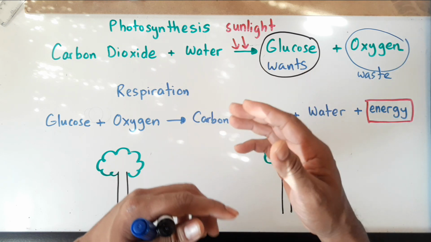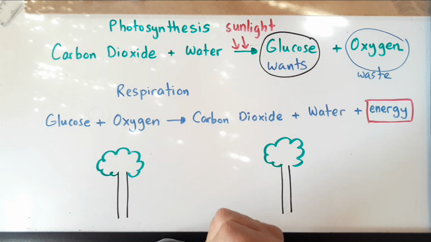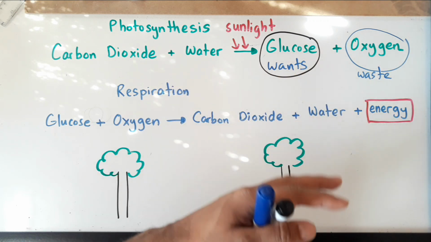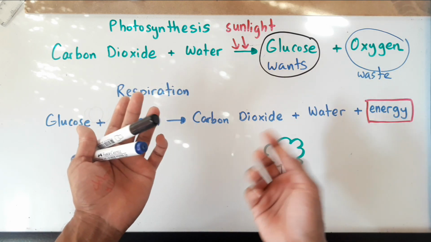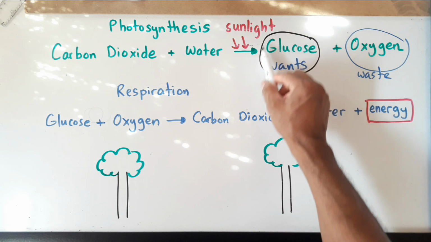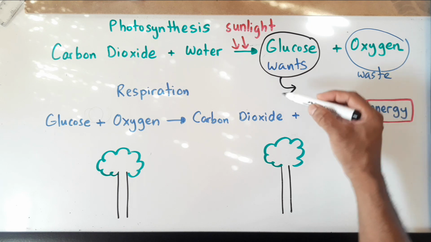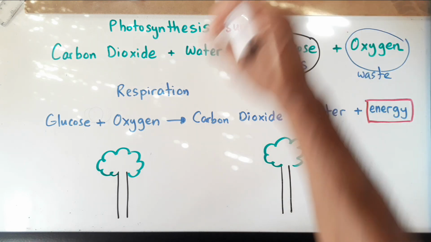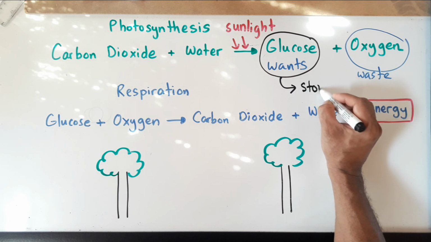So let's say somebody gives you a pizza and you don't want to eat it right now. Obviously, you're not going to throw away the pizza. You might put the pizza in the fridge or store it away for when you actually need it. A plant has a similar process. Let's say glucose was just produced and the plant doesn't feel like using the glucose at this point in time. What it will do, it will store it.